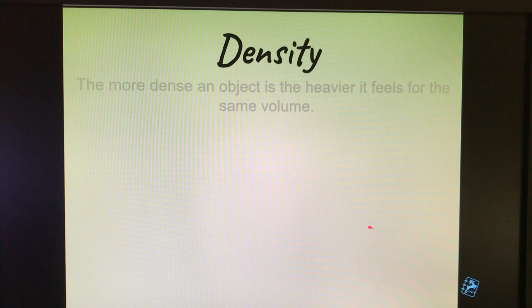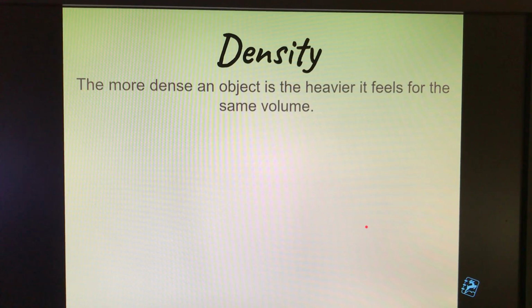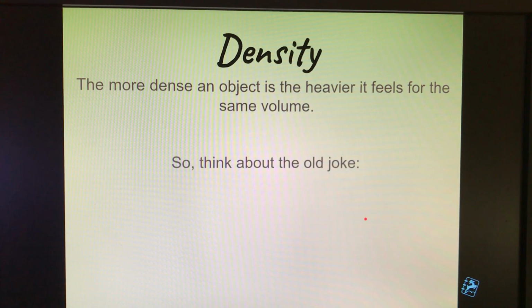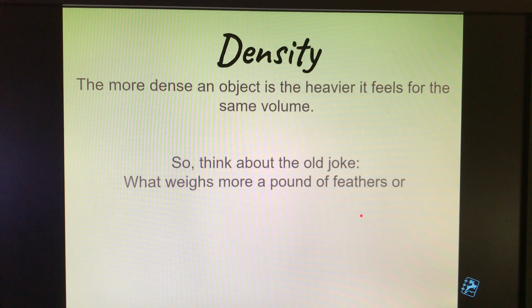So density. The more dense an object is, the heavier it feels for the same volume. So let's think about an old joke. It's been around for years and years. The joke says, what weighs more, a pound of feathers or a pound of bricks?